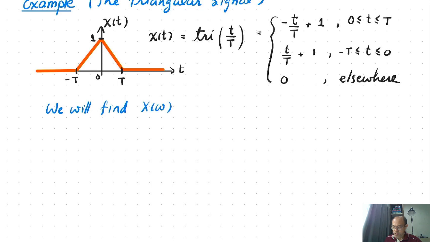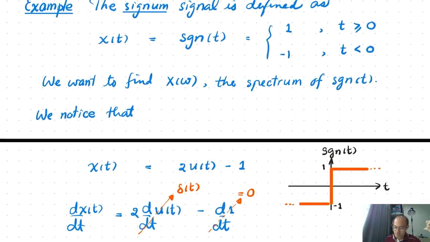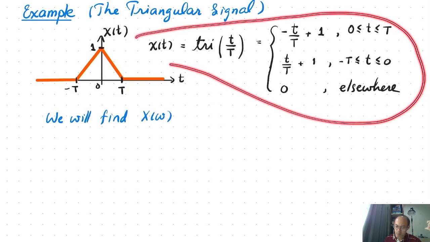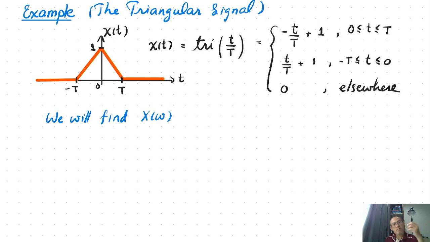So rather, we would like to take a detour. We would like to go around the definition and find the Fourier transform using the time differentiation property. So we start with the definition of x here, and we differentiate it with respect to time and see how it goes. Starting with the definition of the triangular signal, we differentiate it with respect to time.